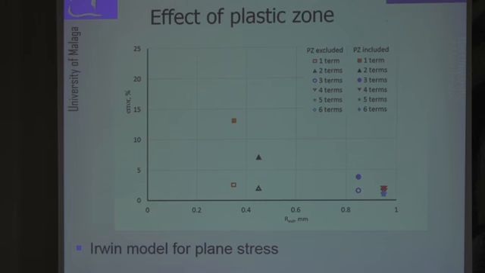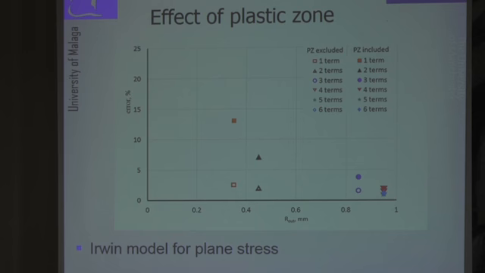We also studied the effect of the plastic zone. I need to remind you here that we're actually using elastic strain, so the technique measures only the elastic part of the strain.